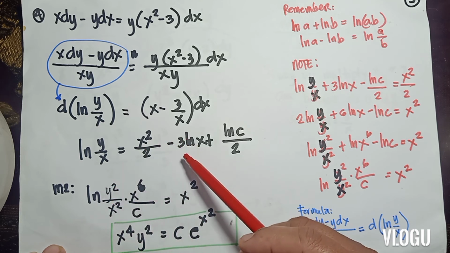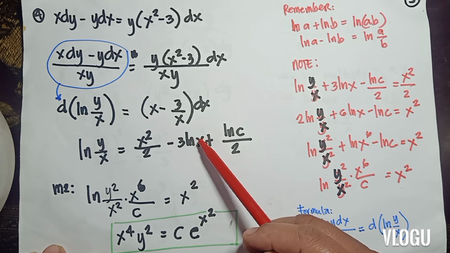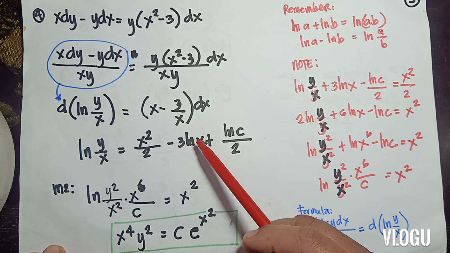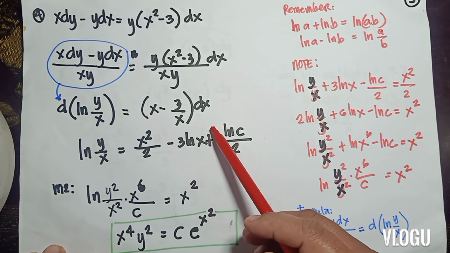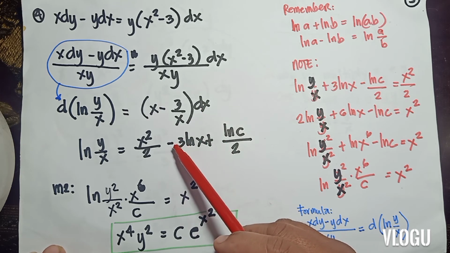Then we have this one, ln of x, with LCD of 2. So, 2 times 3 is 6, right? That's the reason you will have 6 ln of x, or that could be expressed as ln of x to the 6. So, transpose to the other side, this would become positive.